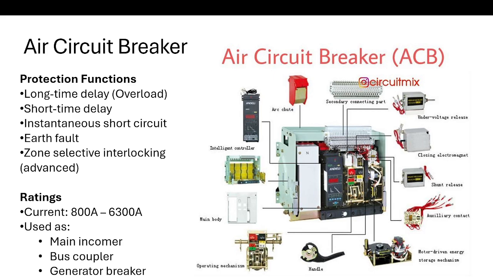Contacts get separated and an arc forms. The arc enters the arc chute. So here we see the arc chute. It is split into smaller arcs, cooled, and extinguished by the air. The breaking is handled safely, and the arc is interrupted.